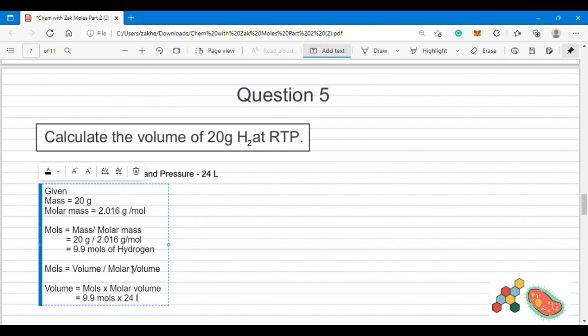Sorry about that. And therefore, we can now proceed and put this in our calculator, and we should get a value of 237.6 liters, or you can put in dm cubed, of hydrogen. And this is how you will do question 5, and we will now proceed to question 6.